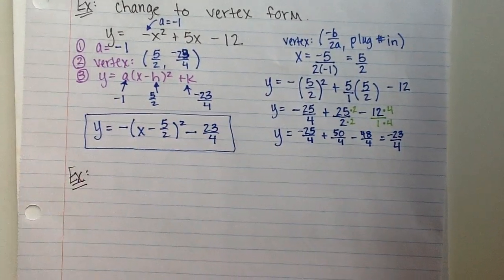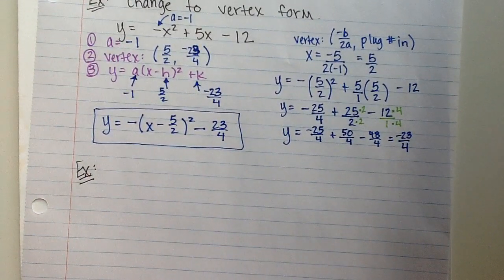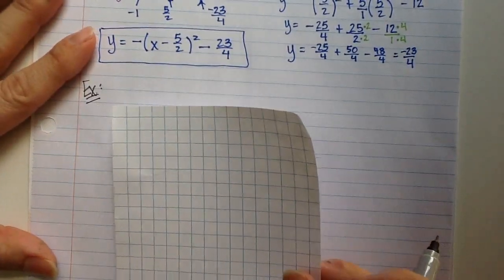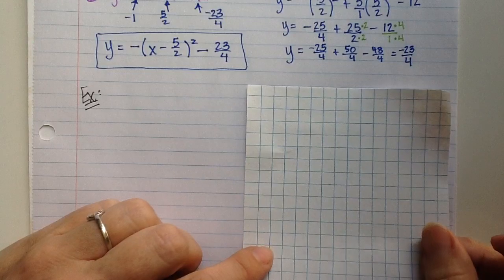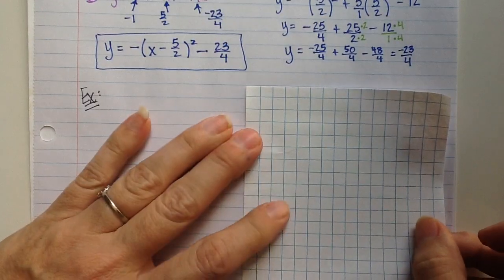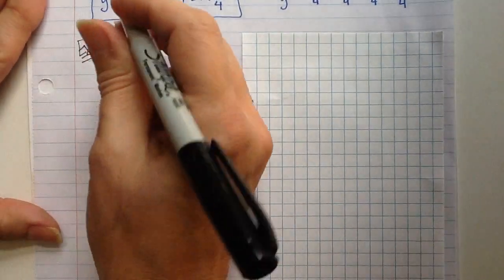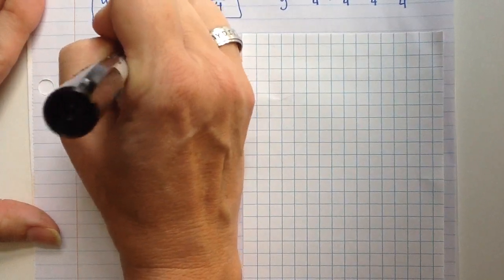I am going to kind of cheat on this one because we're going to be making a sketch. So I'm going to cheat and use a Post-it note that's graph paper. Sorry about that. But I'm still doing it.